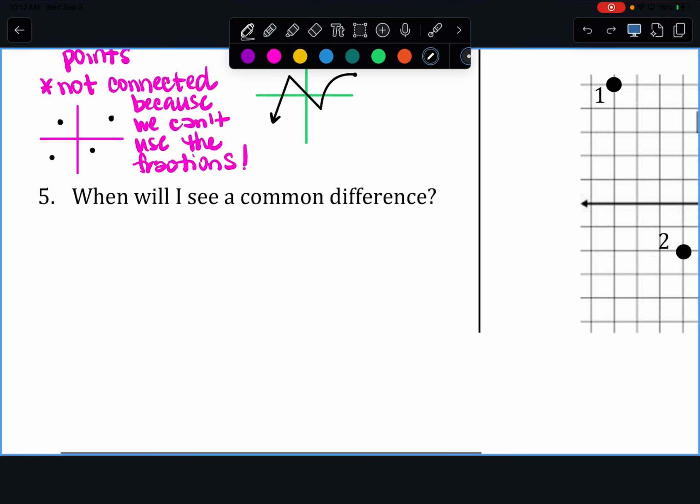All right, number 5, when will I see a common difference, right? So we just talked about this yesterday. A common difference is, I'm just gonna say, when you have an arithmetic sequence.